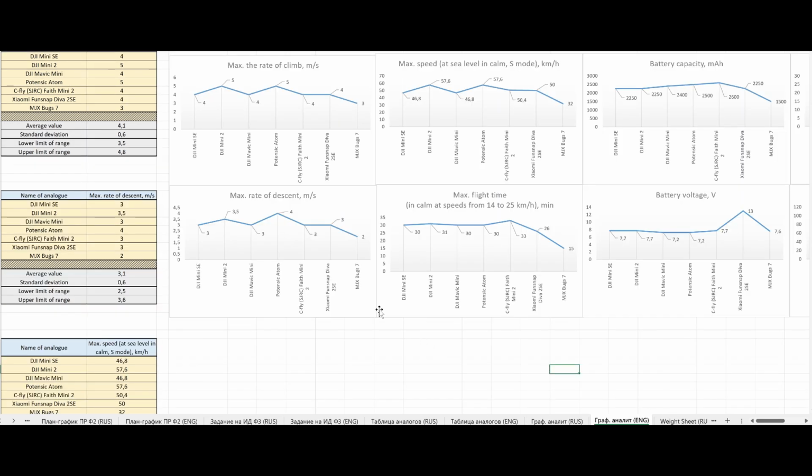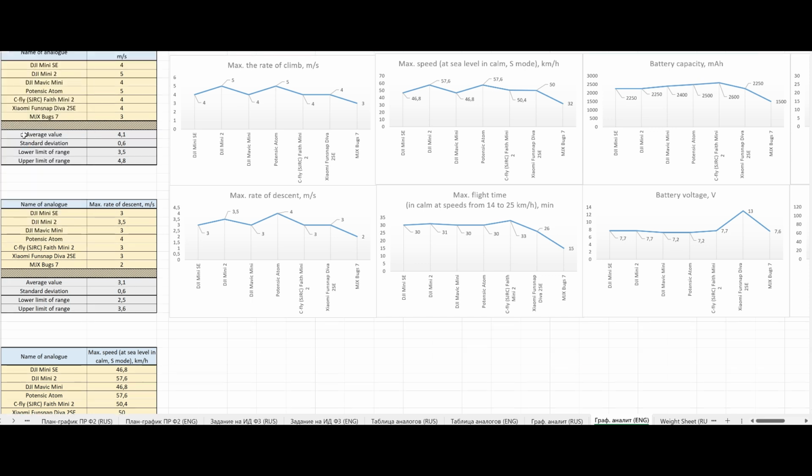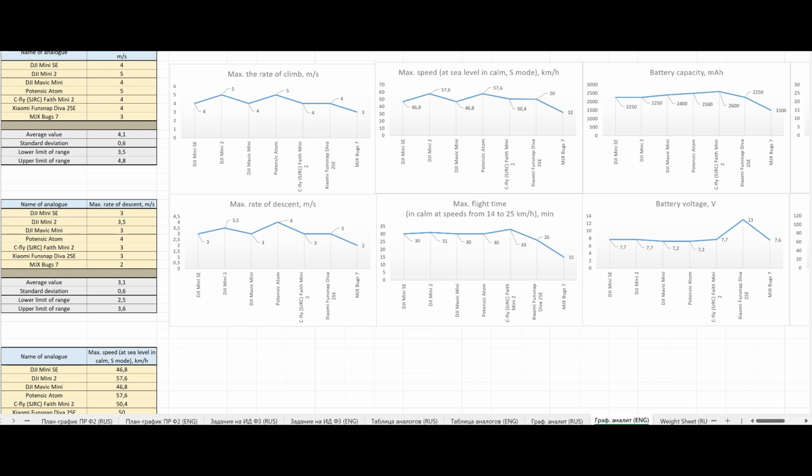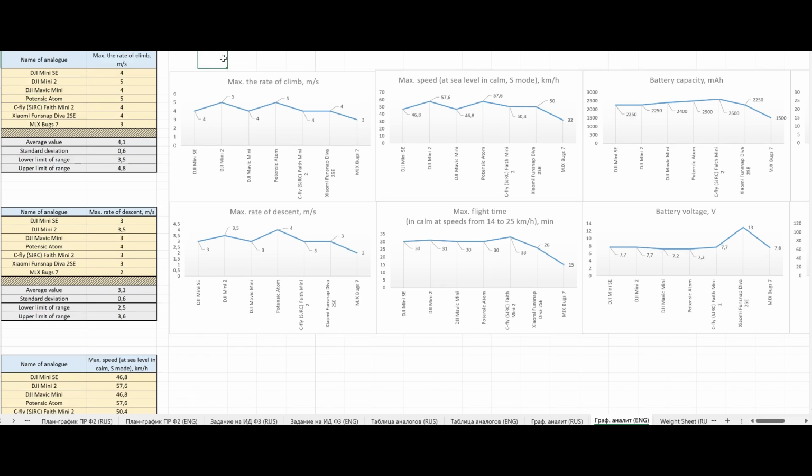Based on the table of analogs, basic graphical analytics can be formed, the content of which depends on the object of analysis. The list of characteristics that can be displayed in graphical analytics should include the more important characteristics from the point of view of determining the trend of design changes.